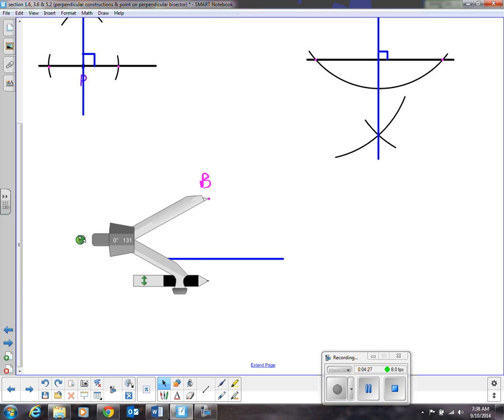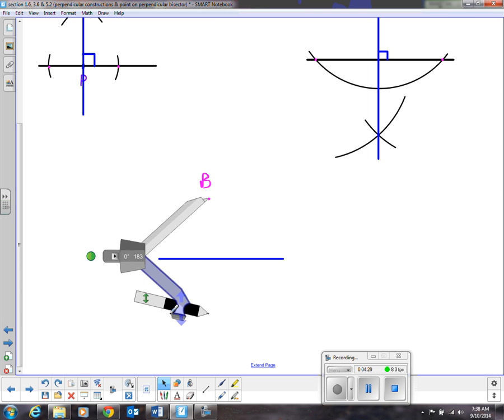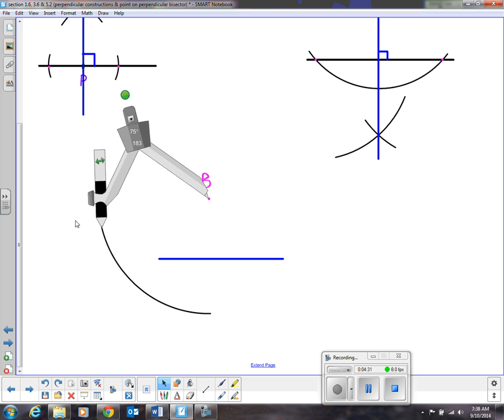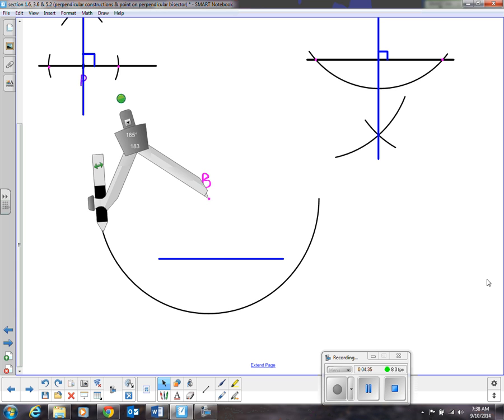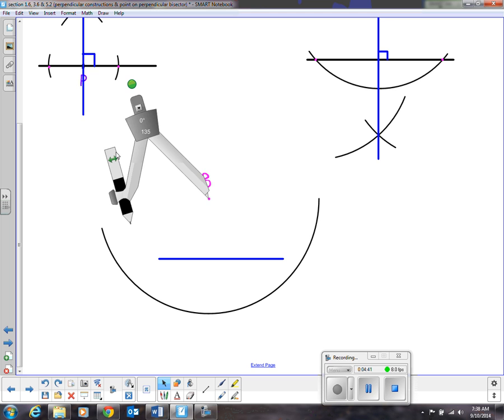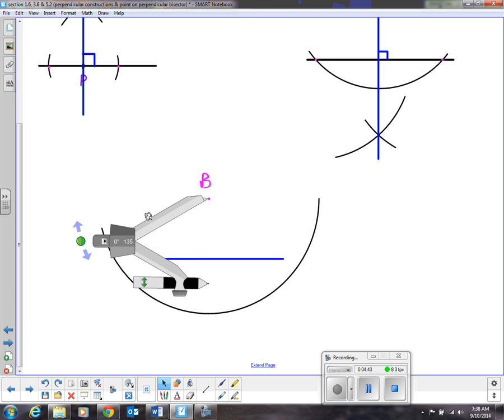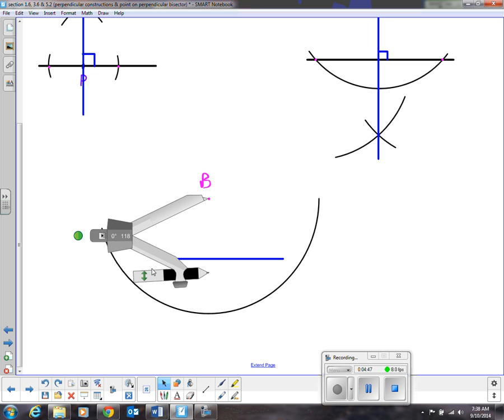Now, what happens if I make this so wide that when I do my arc, oh my goodness, it doesn't intersect my segment at all? I can either take my compass and do what? Make it smaller. Am I still below? So that's one option.